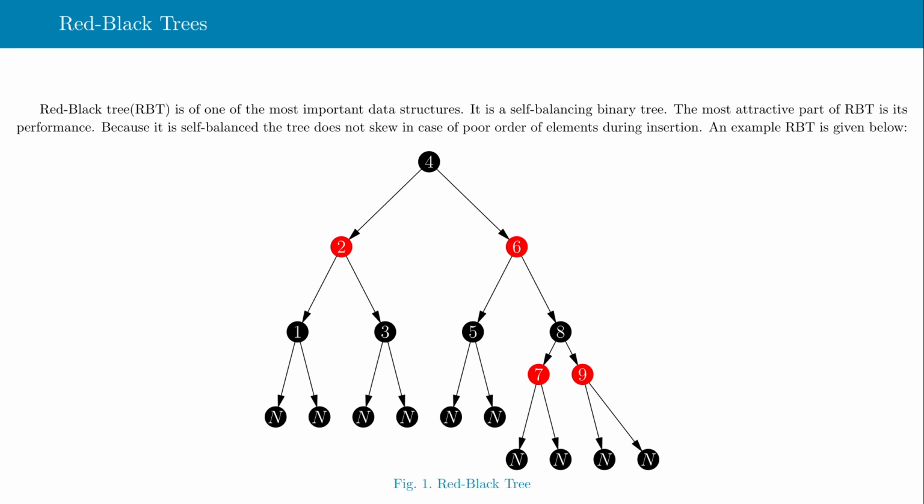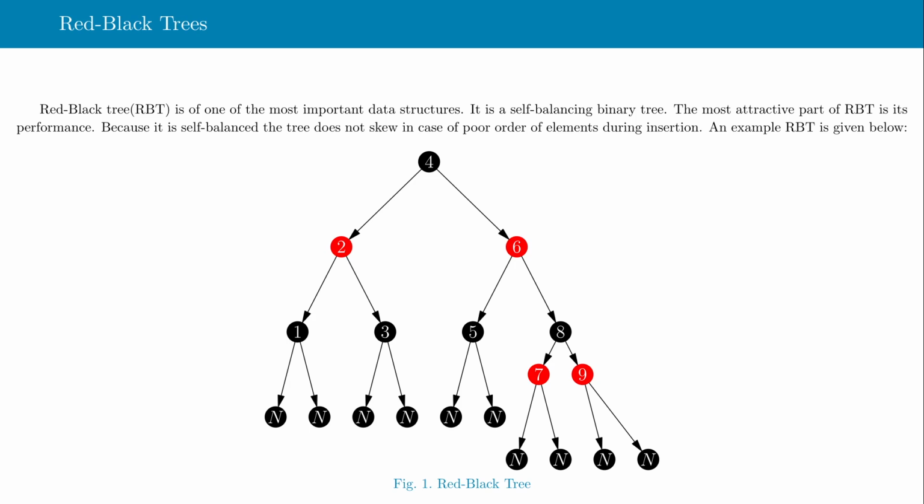The problem is that if the insertion is not good, the tree can get skewed. By skewed, you understand that the number of children on left and right side are not balanced. Red black tree solves that problem. Why skewing is bad is because it will worsen the insertion time, it will worsen the search time, so we don't get the benefit of the binary tree.